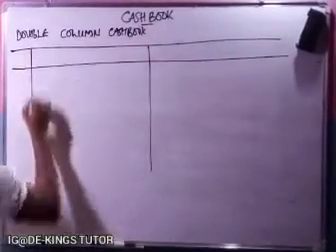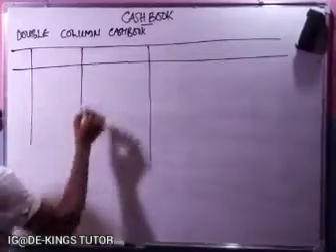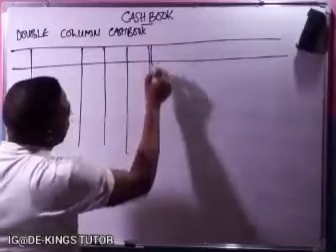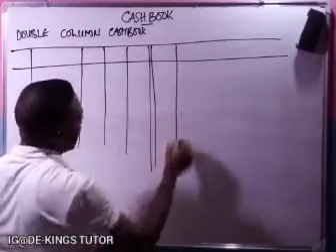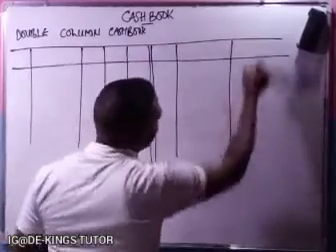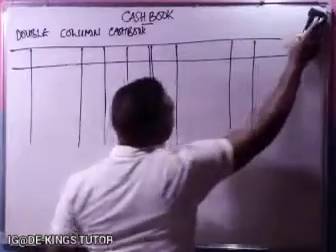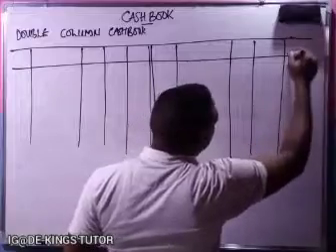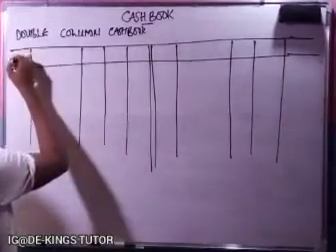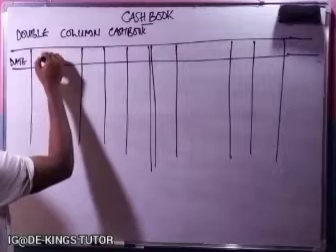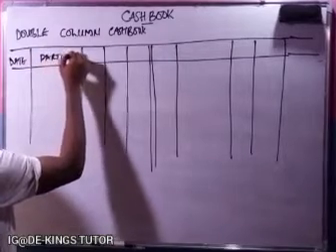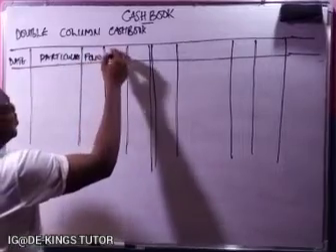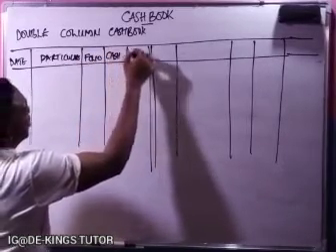For instance, if this is my date, this is particulars. Again, this is my date, this is particulars, this is folio, this is cash, and this is bank.